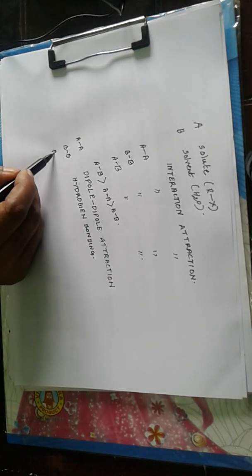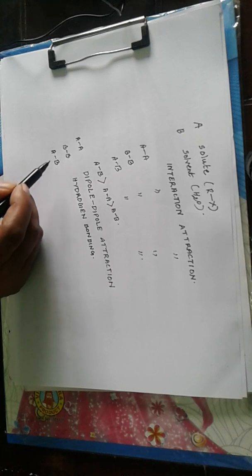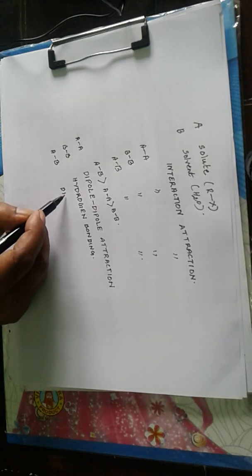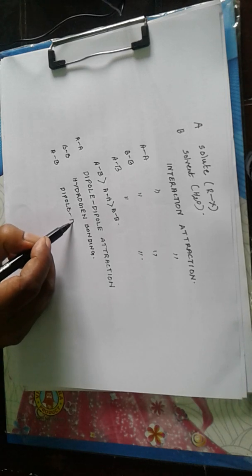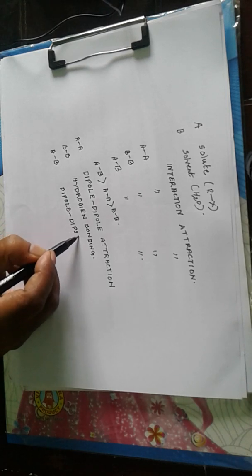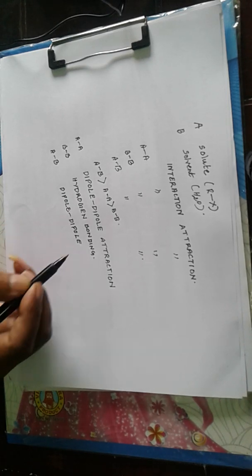Then what about AB interaction? Alkyl halides cannot form hydrogen bonds with water. Water is a dipole and alkyl halide is a dipole, so the AB interaction here will be dipole attraction. So AB interaction is less than BB interaction.